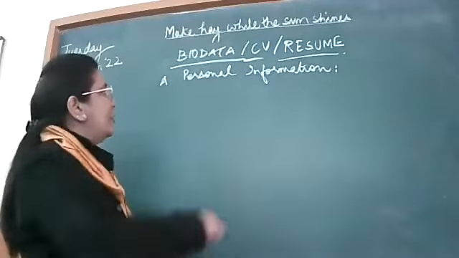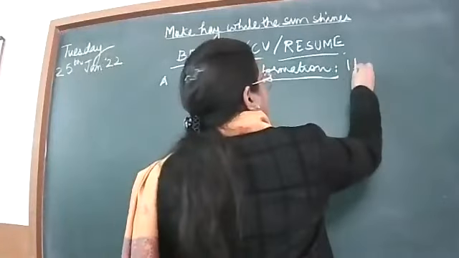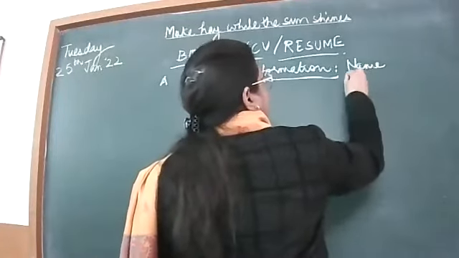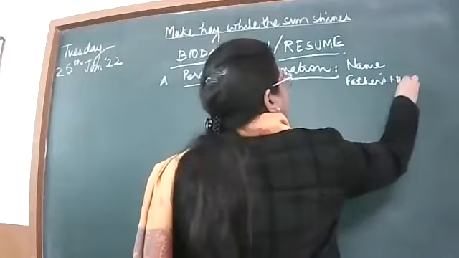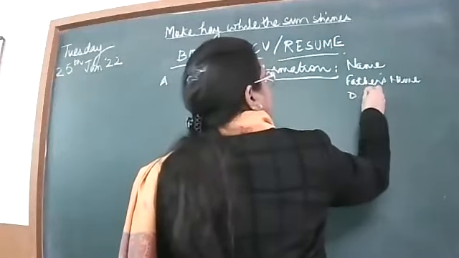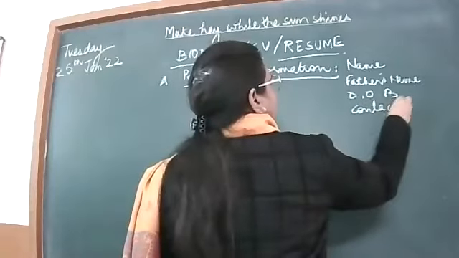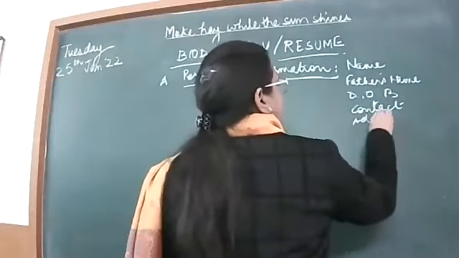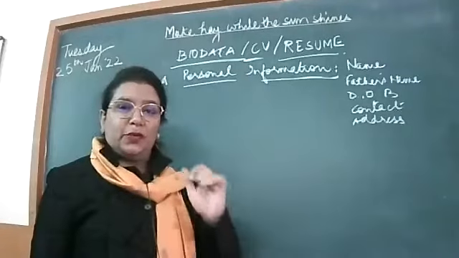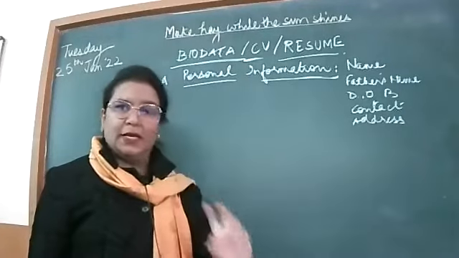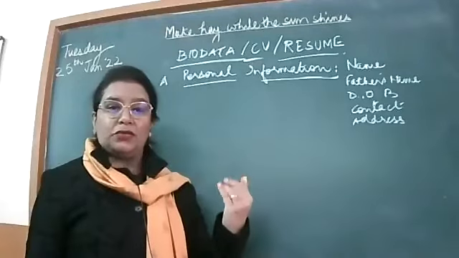Okay. So here you give your personal information. What all will come in your personal information? Isn't it? Your name, your father's name, your date of birth, contact, address. So sometimes in the advertisements you will come across, yes, married or unmarried candidates can also apply.